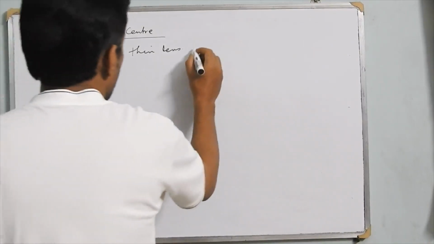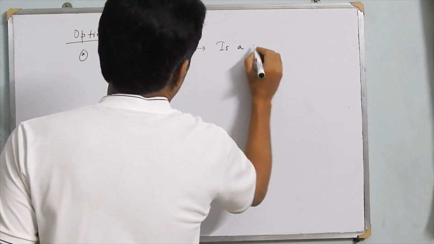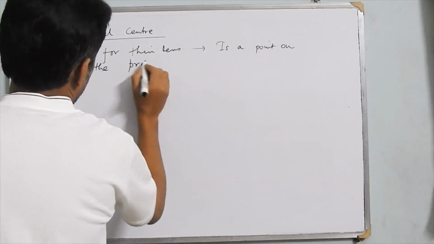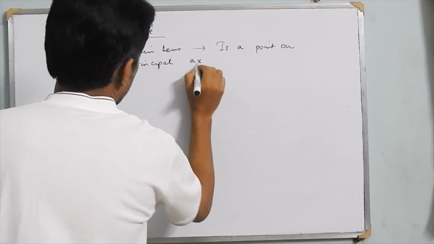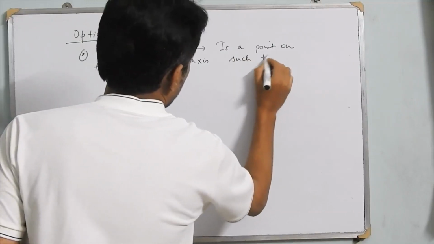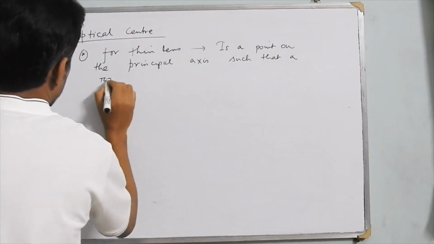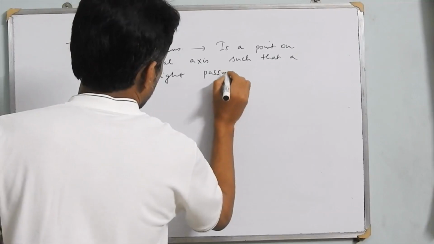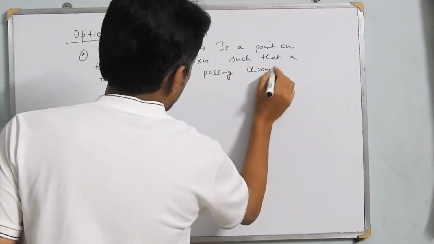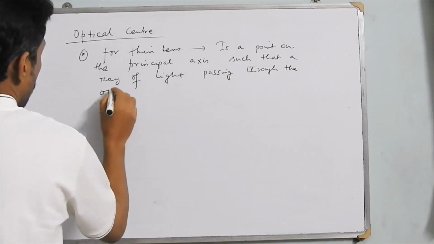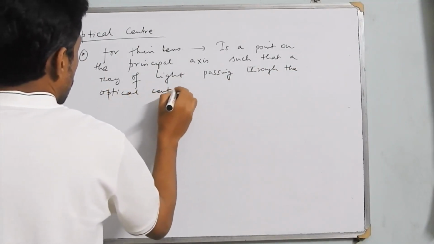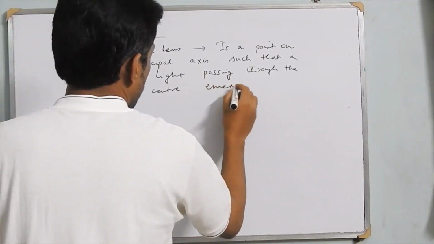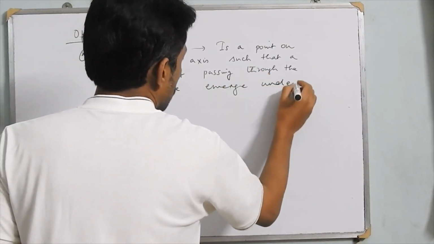So you can say for a thin lens, the optical center is a point on the principal axis such that a ray of light passing through the optical center will emerge undeviated and undisplaced.